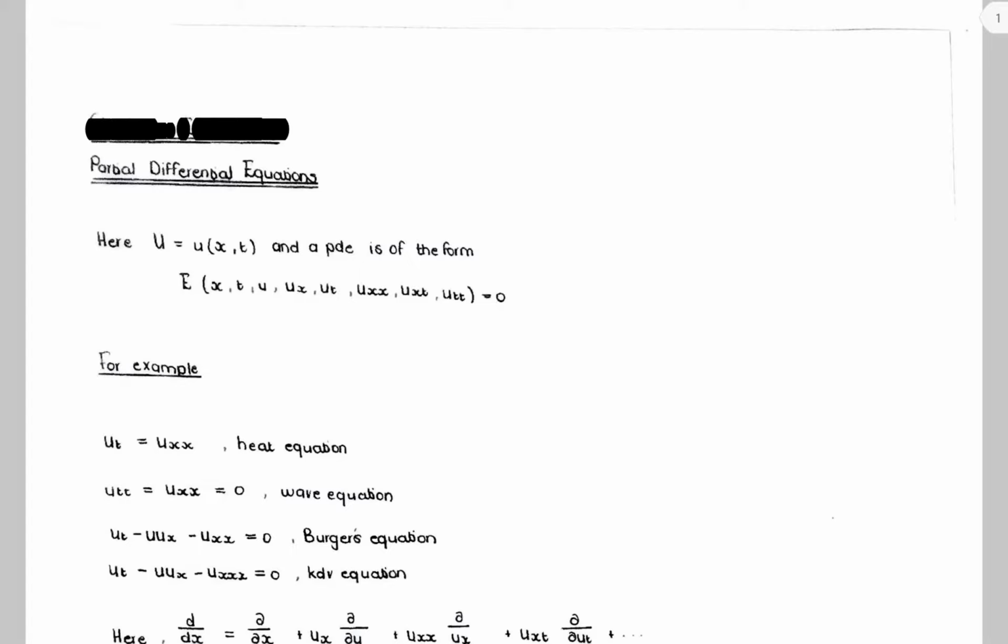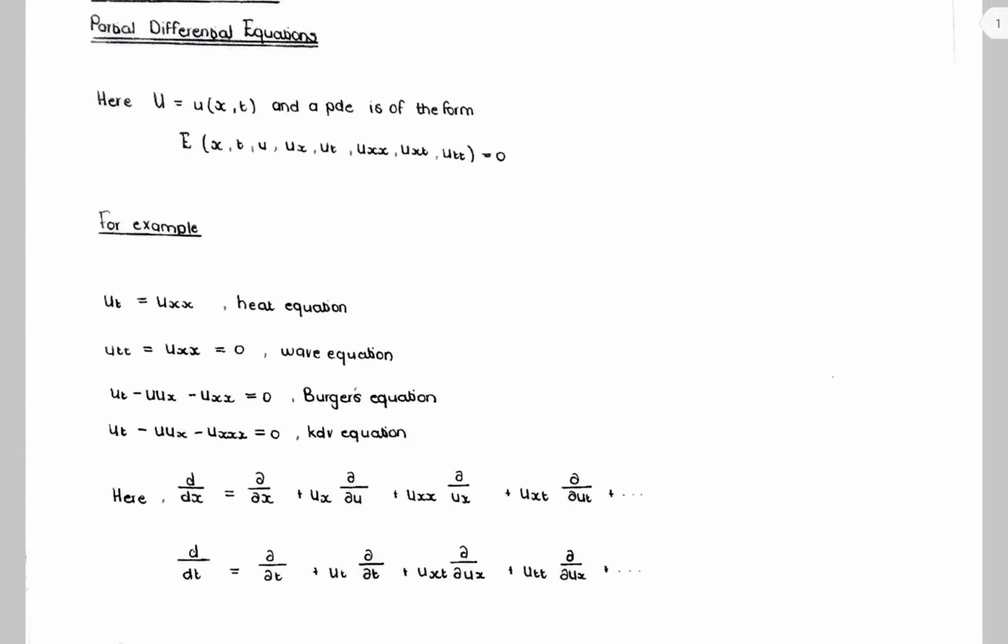Of course, all these results are extendable to more than one independent variable and to systems of equations. We will define our partial differential equation in general to be given by that differential function E equal to 0.